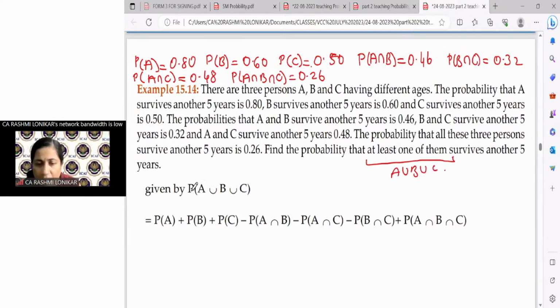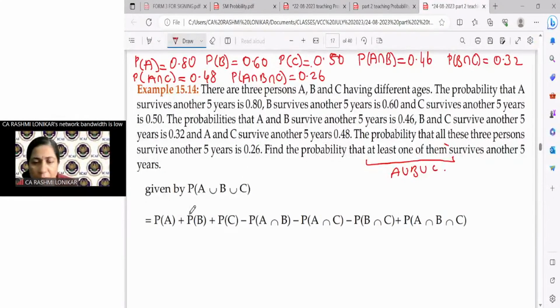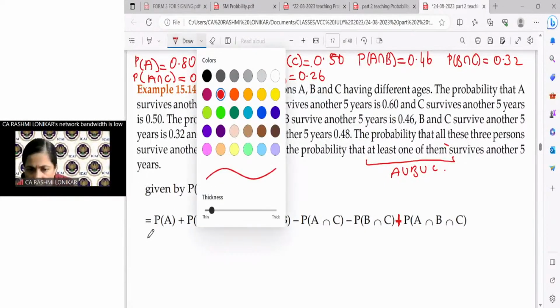Okay. And we know the formula. P of A union B union C is P of A plus P of B plus P of C minus P of A intersection B minus P of A intersection C minus P of B intersection C plus, okay, this is very important, after all this minus, there is a plus sign. So now can I just put in the values?